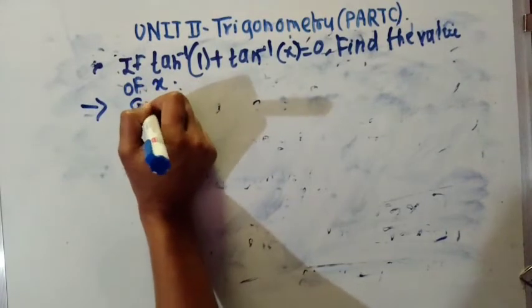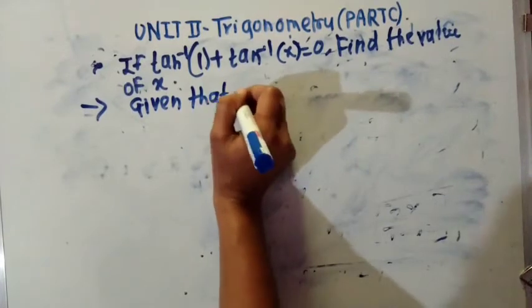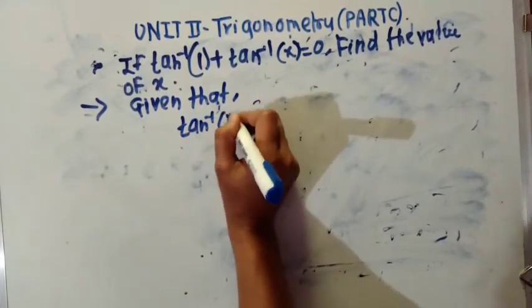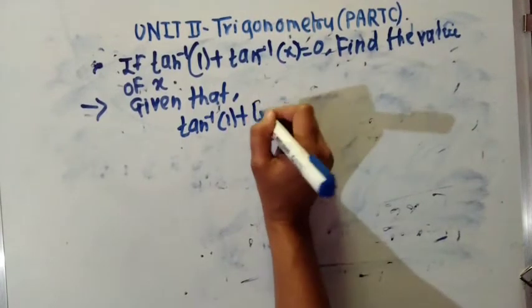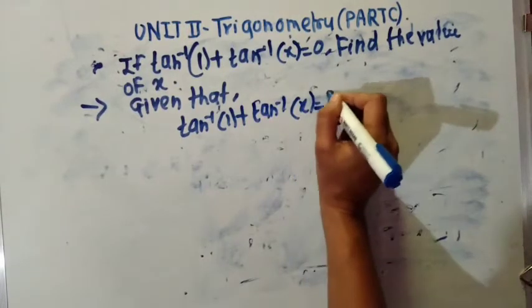First, it is given that tan inverse of 1 plus tan inverse of x is equal to 0.